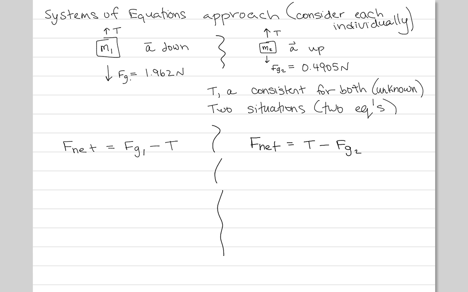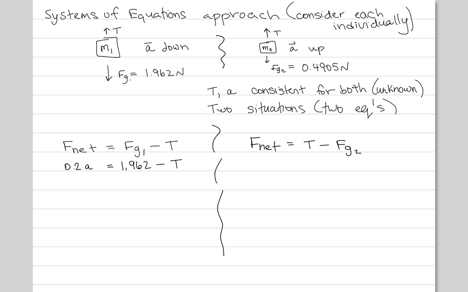So we just punch in what we know. For the first one, the net force, which is ma, is going to be 0.2a. And Fg1 we know is 1.962 minus T. So you can think of it like y equals mx plus b, it's like y and x. Remember those from Math 10? So think of this as like your y, and T is like your x.